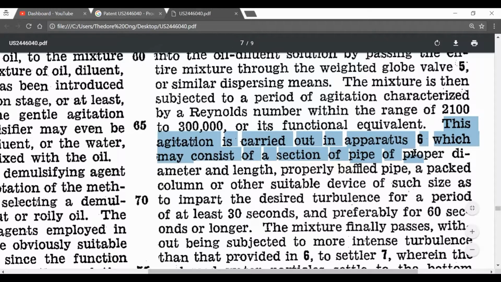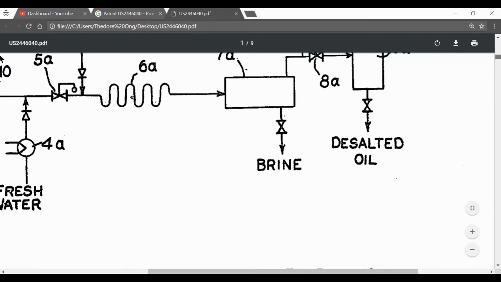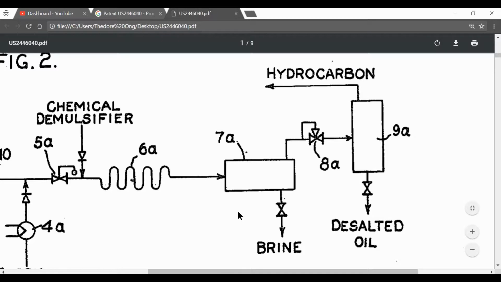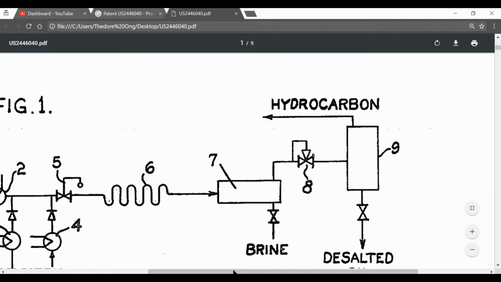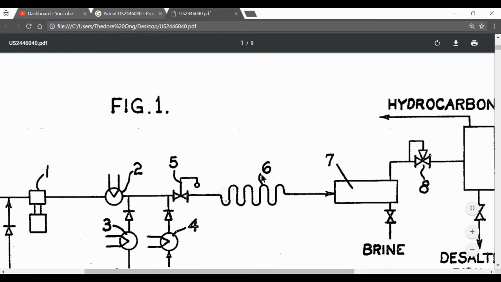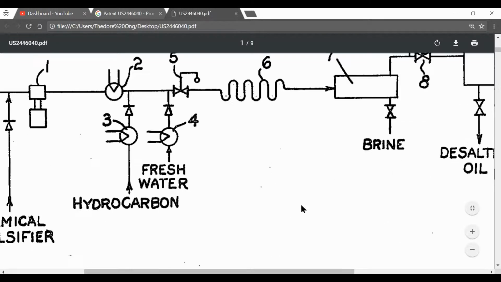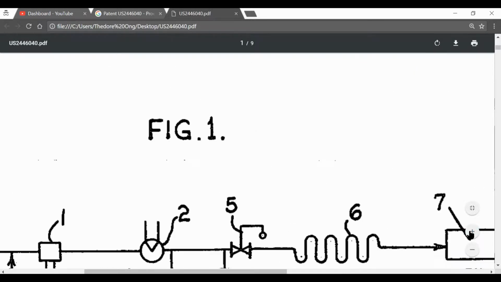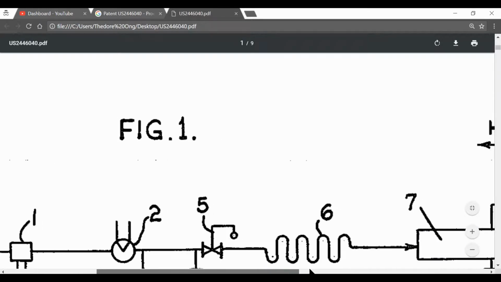Okay, so what is apparatus 6? Let's take a look at here. I'm looking at figure 1. So we know what this squiggly line is now. Apparatus 6. As you can see on your screen, it should be in the center of your screen, apparatus 6.